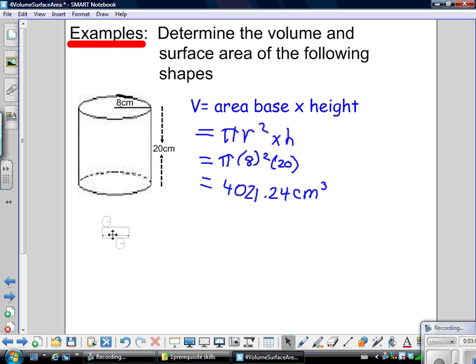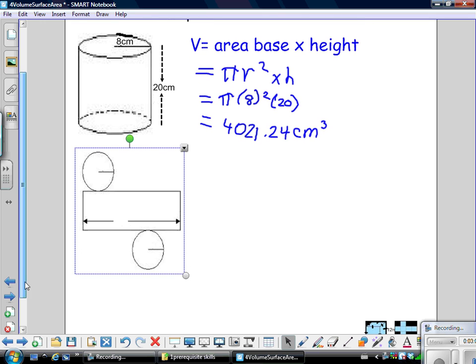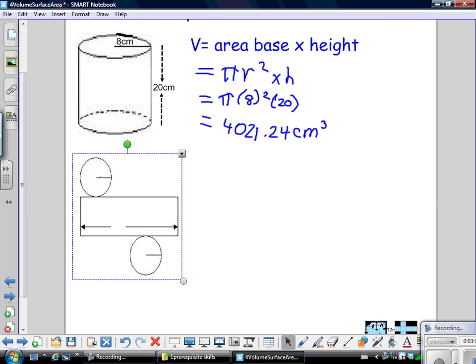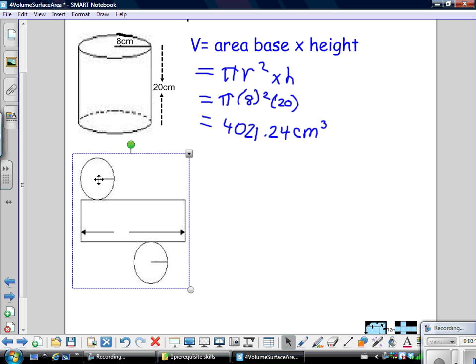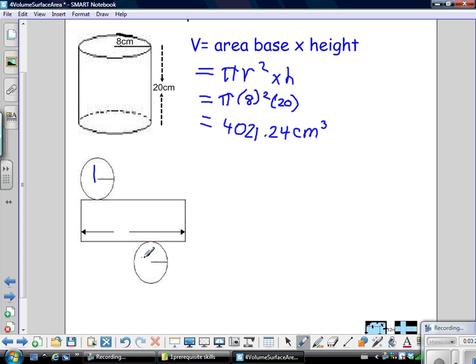Now it asks for the surface area, and from the first page we talked about the surface area being all the faces of the shape. If we look at the faces of a cylinder, it's like taking it and ripping off the label, ripping it all apart. You can see that we have two circles, and we have another face, which is a rectangle. The width of that rectangle is our 20.